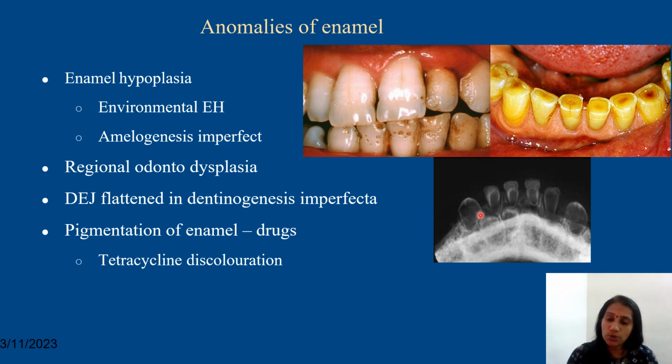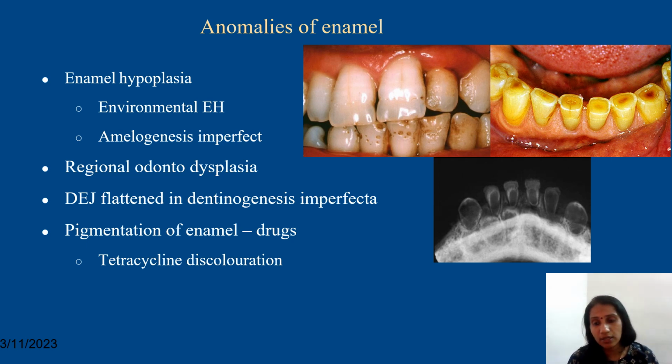And if your entire tooth is going to be affected, where you have thin enamel, thin dentin, then you call it regional odontodysplasia. And also you can have discoloration of enamel if during the birth the mother takes in tetracycline, or during the development of the teeth, if the child happens to eat tetracycline, you can have pigmentation of your teeth. So these are the changes which you can get during enamel formation.